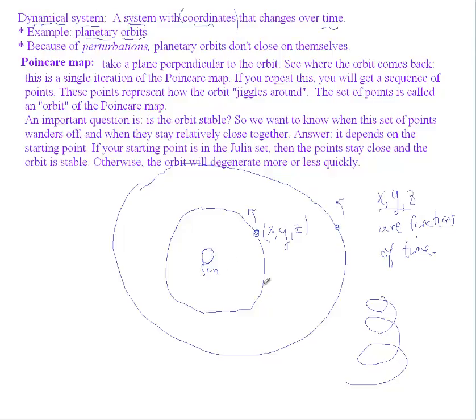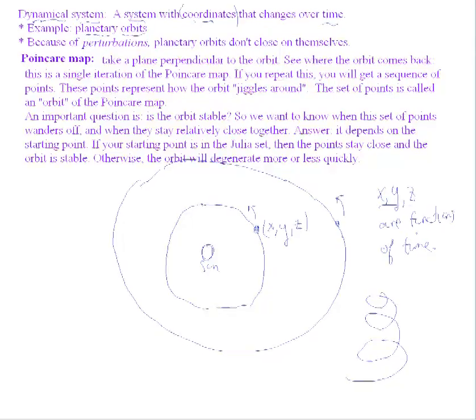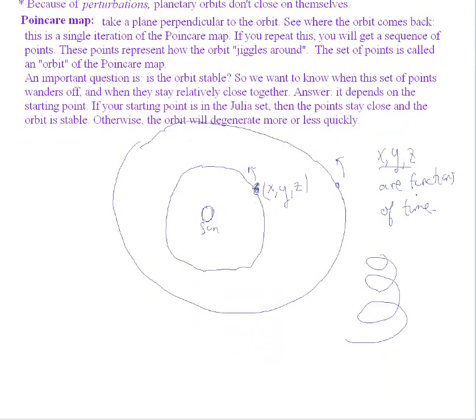Okay, now this is a very simplified picture of planetary orbits. In fact, planetary orbits don't close upon themselves. And the reason is that the planet is not just influenced by the sun, but it's influenced by other planets, asteroids, and so on. So when the planet goes around, you've been taught that the orbit closes on itself and it comes back to the same place, but it doesn't. So this is ideal.